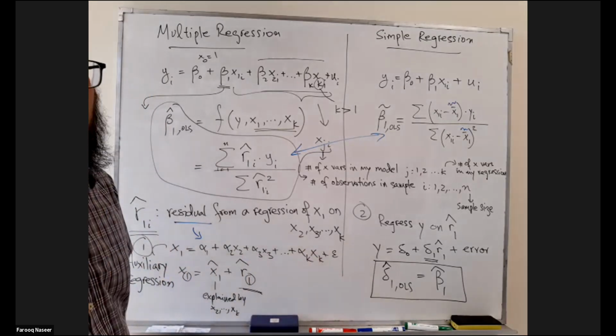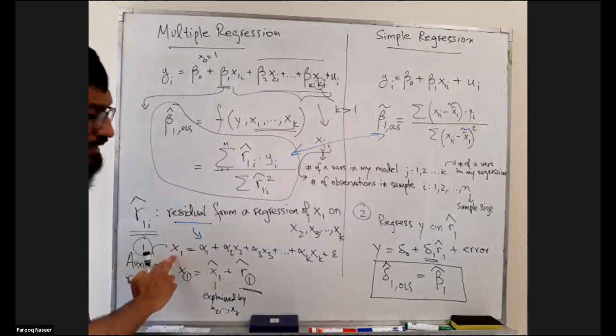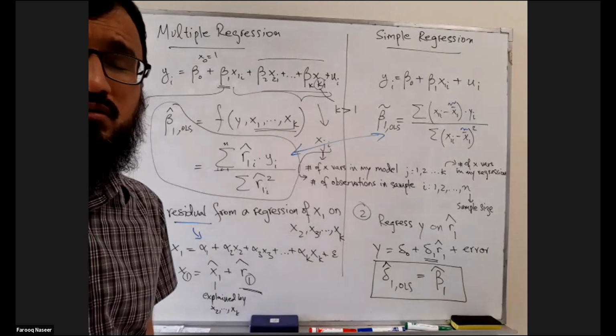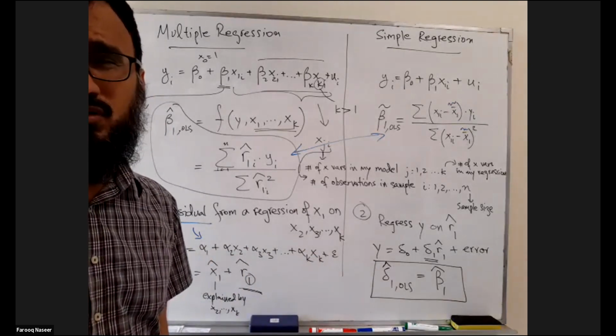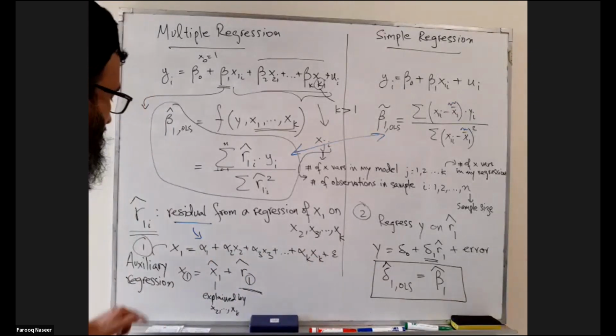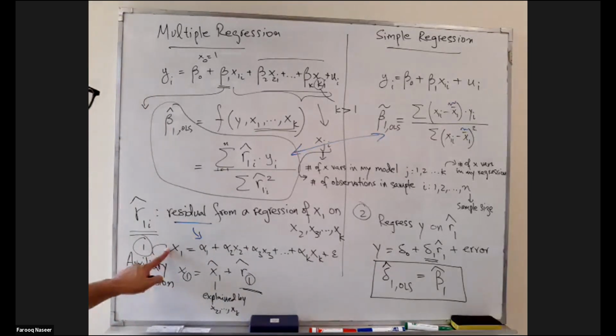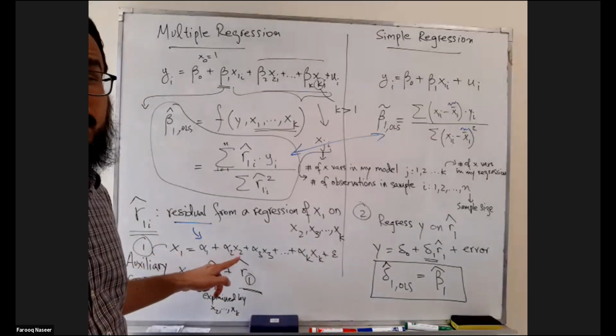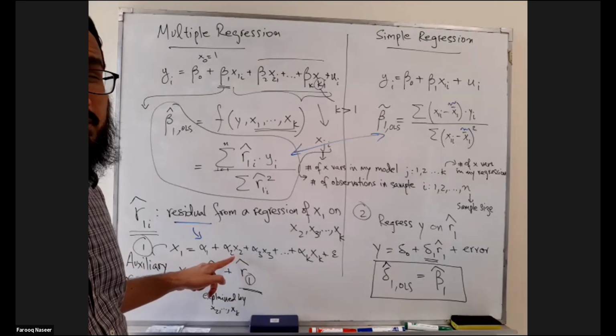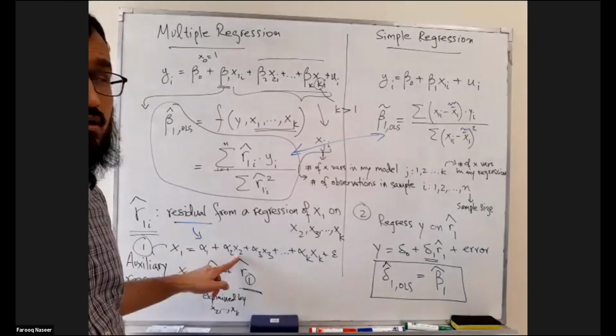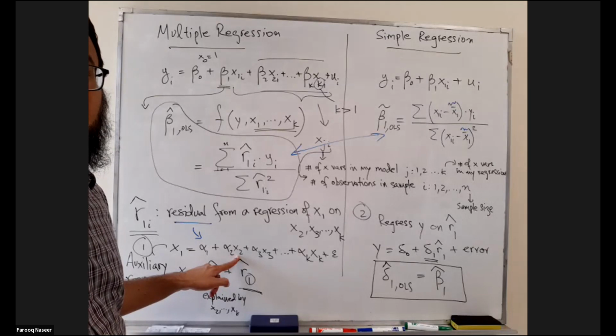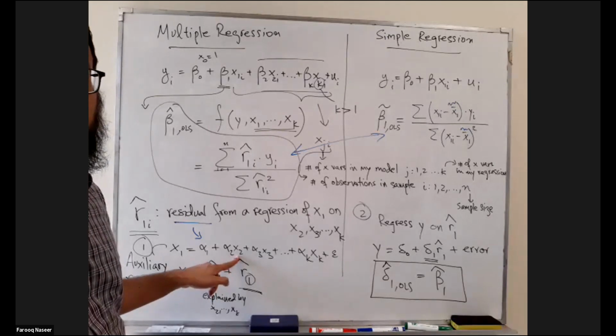So just to go back to a concrete example, our x1 variable was whether someone graduated from LUMS or not, whether someone has a LUMS degree. That was our x1 variable. Our x2 variable, the confounding variable we were worried about, was ability: higher ability students might be going to LUMS.